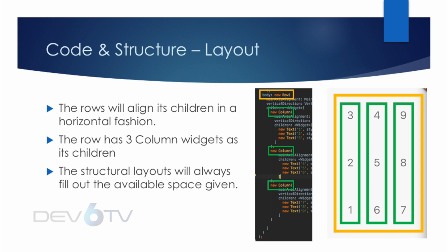And with the direction in each one, as you can see, the first column is going in an up direction, the second one in a down direction, and the third one going from down to up. These are the kind of properties you can change within the widget, and it gives you freedom to lay out your application however you want it to look.